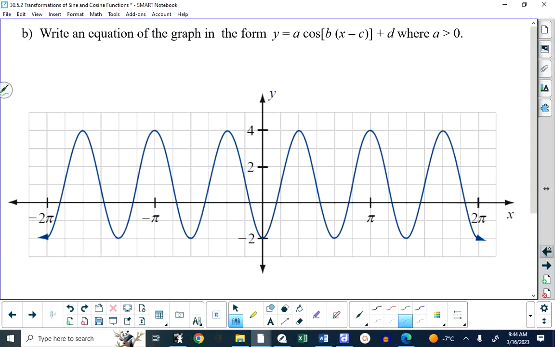One last one here. This is going to be a cosine function. It's the same graph. I hope everybody understands that if we said a was 3 for a sine function, a is still 3 for this. And d is still 1.